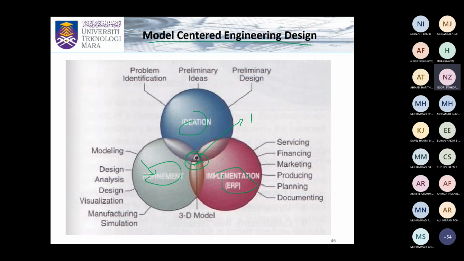Any of these things, if it makes the product become a failure, then it's not going to work. So if you're going to model, let's say, a Honda Accord, you need to keep looking at the Honda Accord all the time, from the design perspective, the marketing perspective, the production perspective, the financial perspective, the customer's perspective.